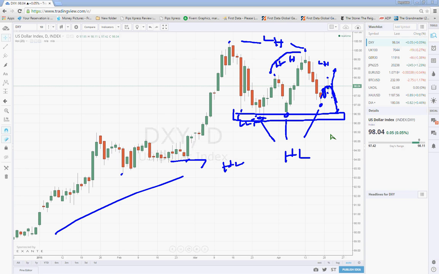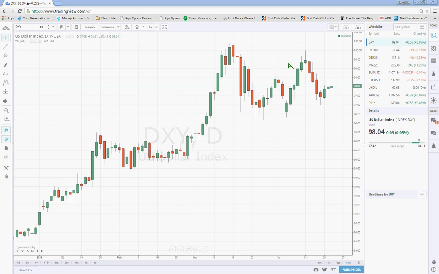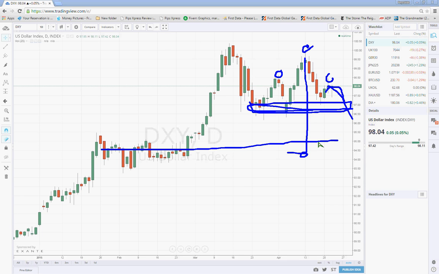Okay, then you have pretty much a Hail Mary type on that area if they choose to come back on this end. If they break, this will head all the way back down to here, 94.